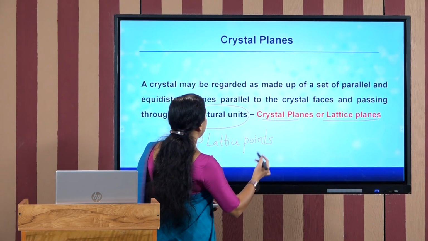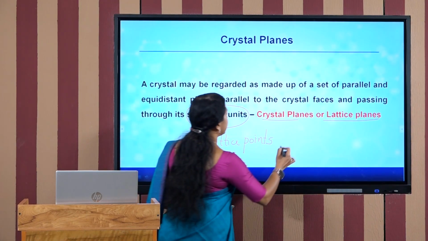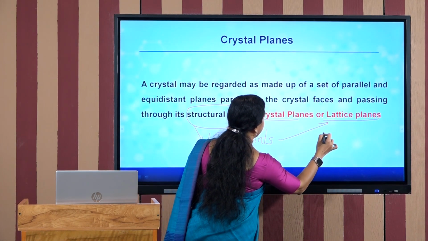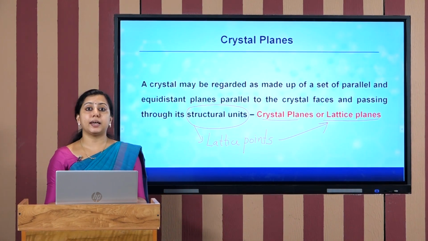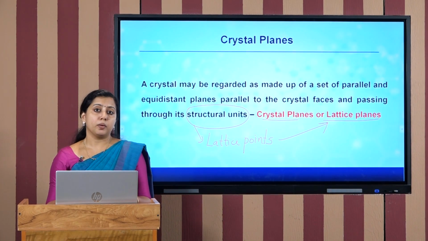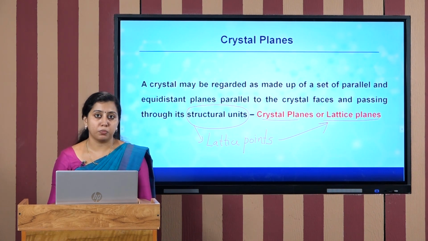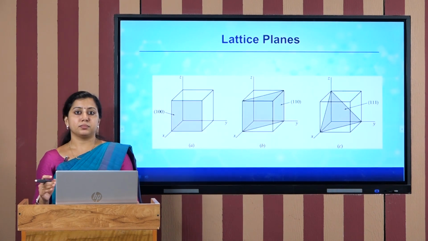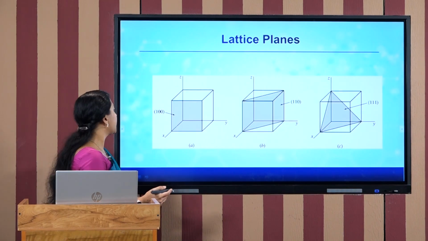So, when a plane passes through these lattice points, such planes can be called lattice planes. From now onwards, we will call such planes lattice planes because such planes are parallel and pass through the lattice points. Let us see some examples for lattice planes.